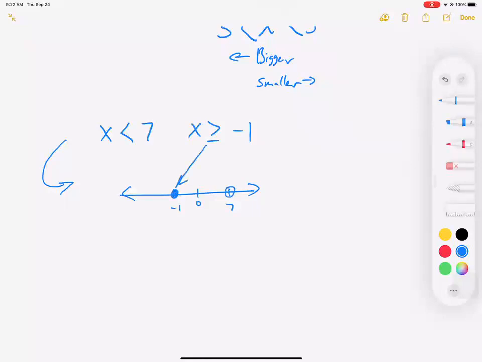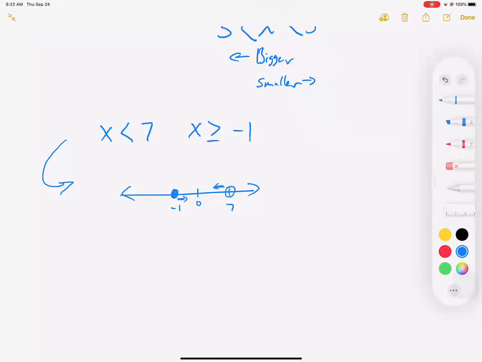Please notice it is equal to, it is not equal to. Don't touch it. And then we go ahead and draw little arrows. First question here, x is less than 7. Less than means I'm going to go to the left. So you can look at my little arrow there. On -1, x is greater than.